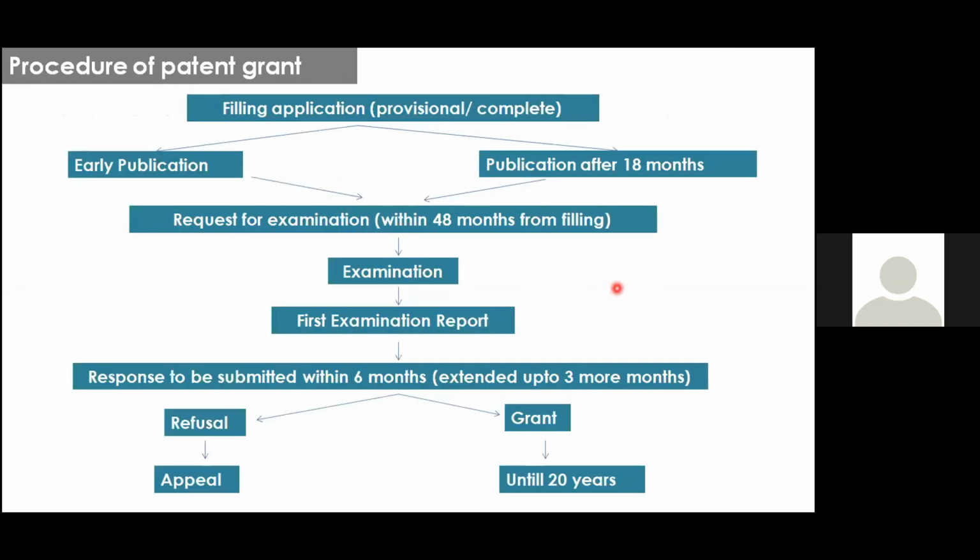Anyhow, if you go for a patent instead of publication, there is a whole procedure involved. Here I have made a chart. The first step is to file an application, which can be provisional or complete.